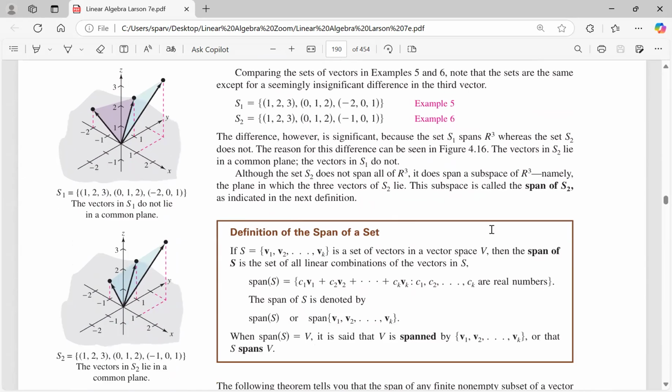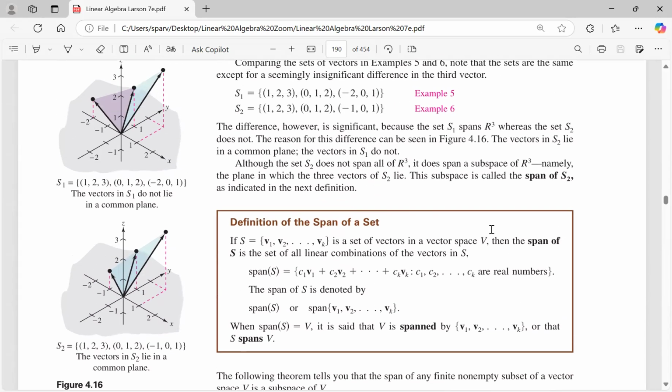Now, what do we mean by the span of a set?